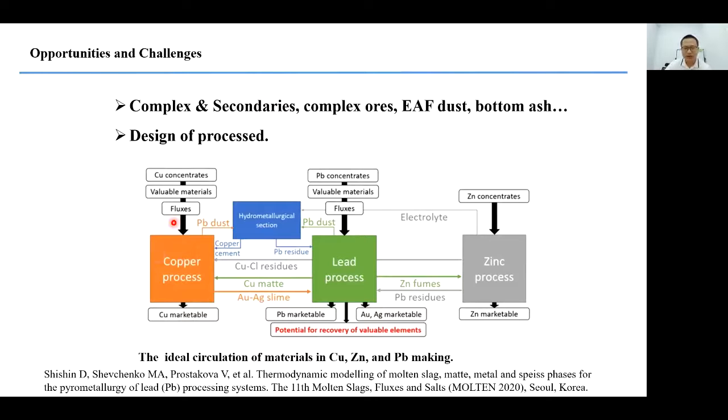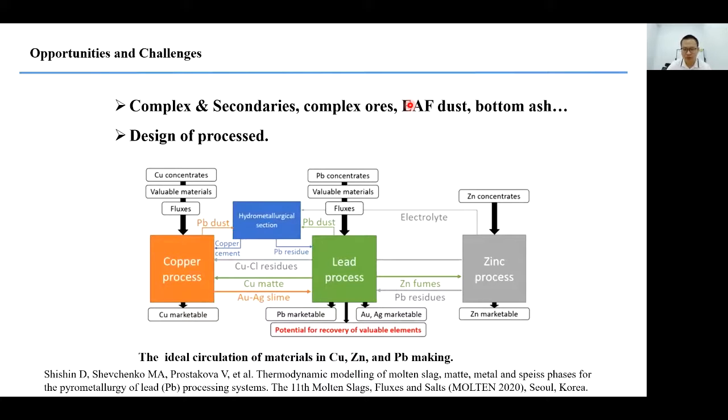And the second one, electric arc furnace, which mainly produces zinc oxide-containing dust. The amount of EAF dust will increase for sure, and how should we process it? It is always rich in halogen elements, so we should find technologies for removing halogen elements from the solution.